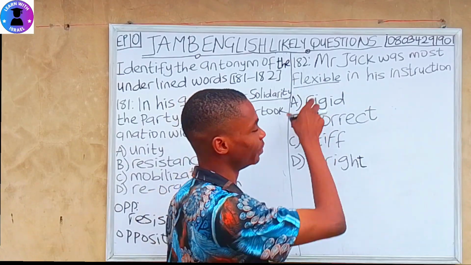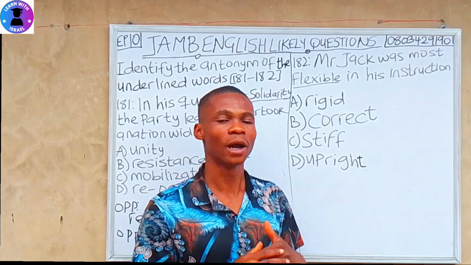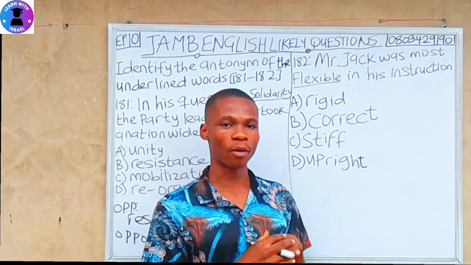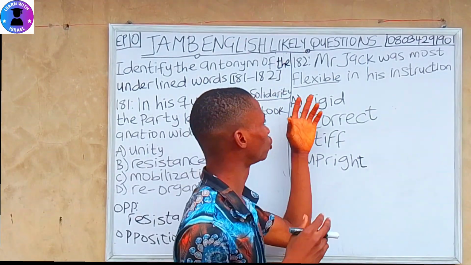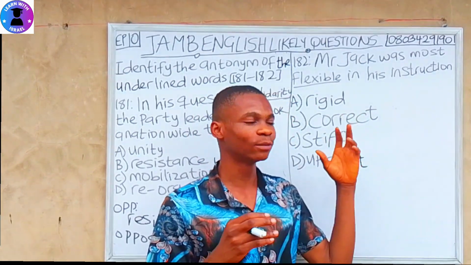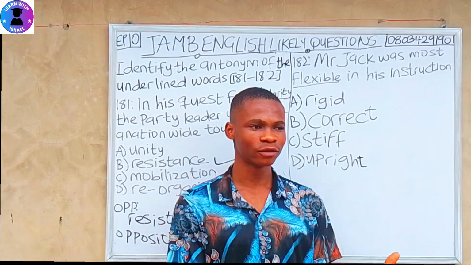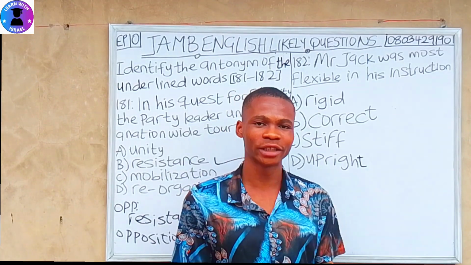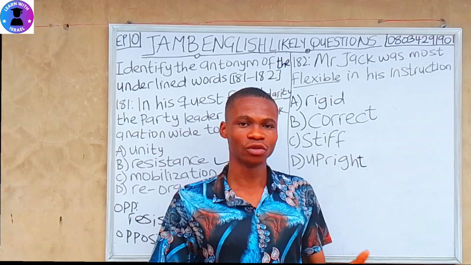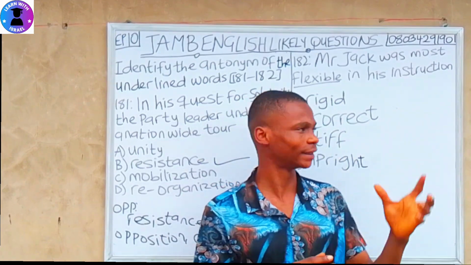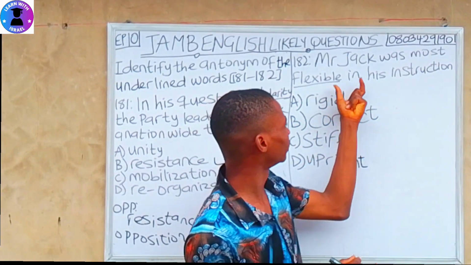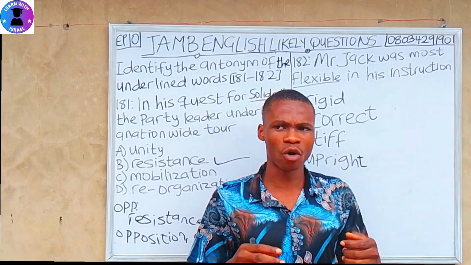So flexible means what? You need to know the meaning of the word before you can know the opposite in meaning. Flexible here means willing or prone to give room for the influence of others. But for the opposite in meaning, we go for unyielding.